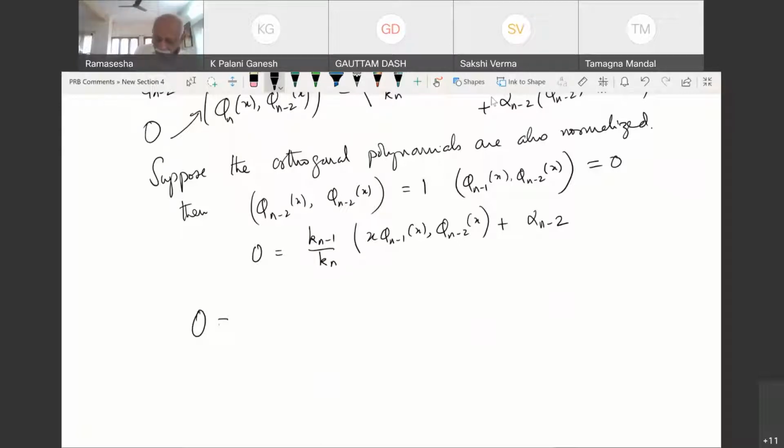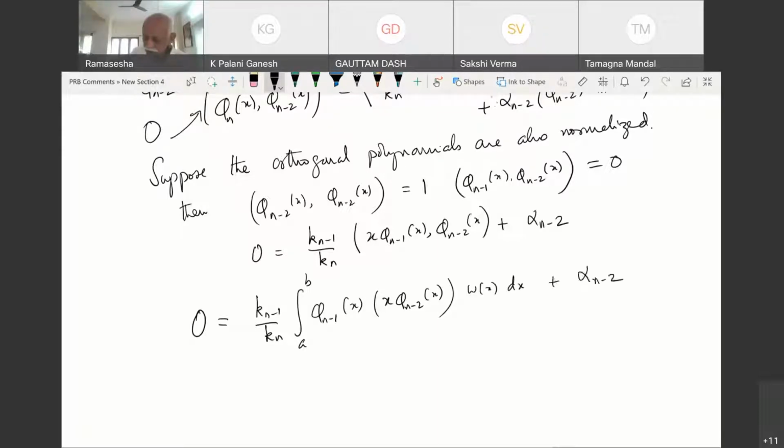Okay, so I can now expand it. 0 equals Kn minus 1 upon Kn times the integral from a to b of Pn minus 1 x times x Pn minus 2 x w x dx, plus alpha n minus 2. I have just written it in an integral fashion. So what do I get?